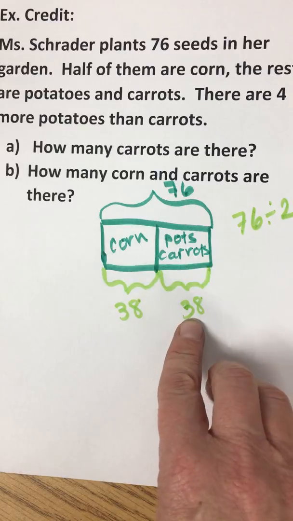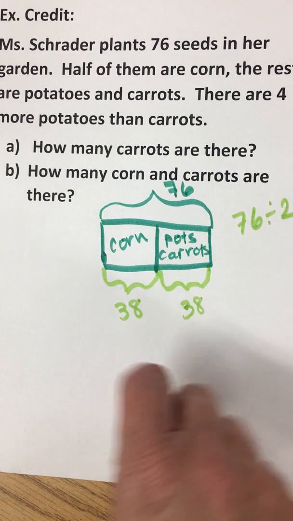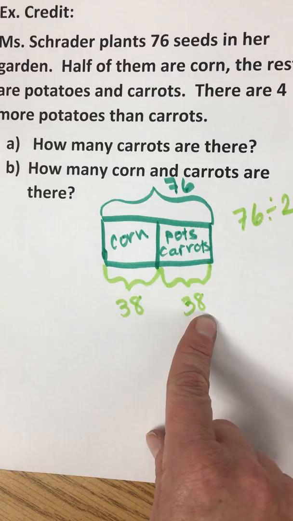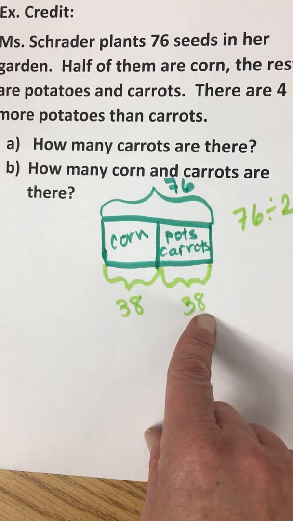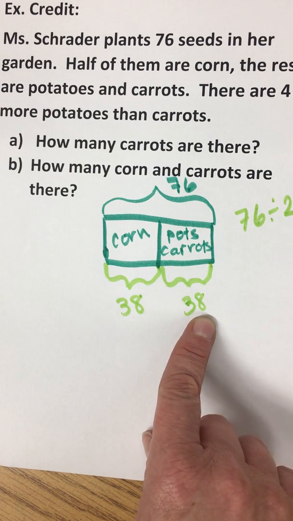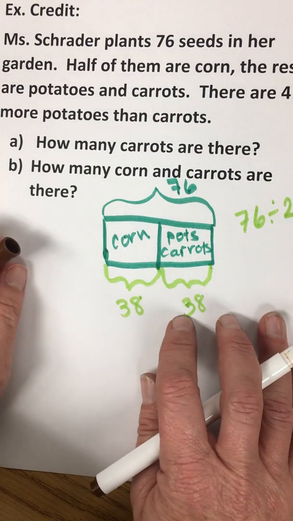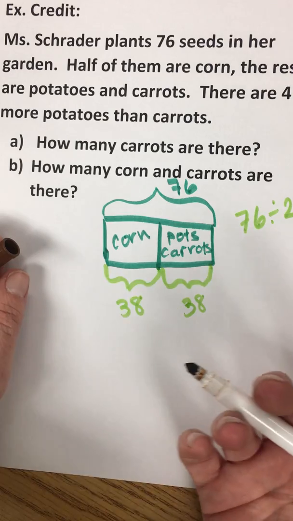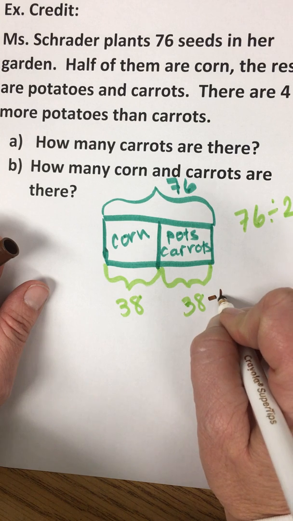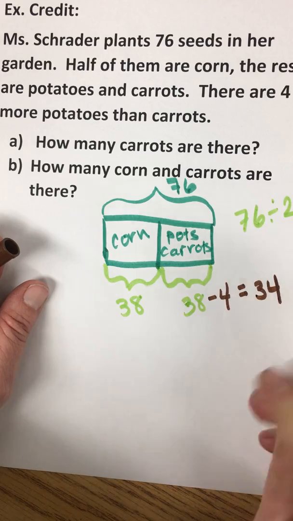But we have kind of a predicament because it says how many are corn and how many are carrots. So we know that there are 38 corn. That's answered for. How many are carrots? It said that there are 4 more potatoes than there are carrots. Okay, tricky. Think about this. If there are 38 total potatoes and carrots, and there are 4 more potatoes than there are carrots, couldn't I say 38 minus 4 and solve for that? That gives me 34.